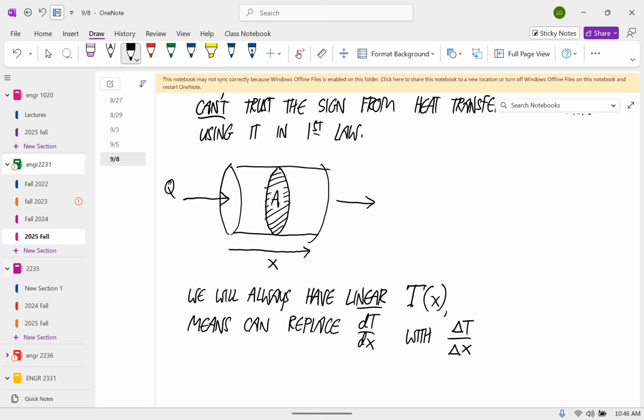That's the kind of thing I meant when I said you'll take a full semester class in heat transfer. It's not generally true that there's a linear relationship between temperature and x. If it's more complicated, then you have to do this as a differential equation and the math gets a little uglier.